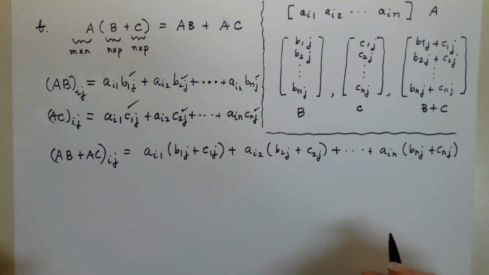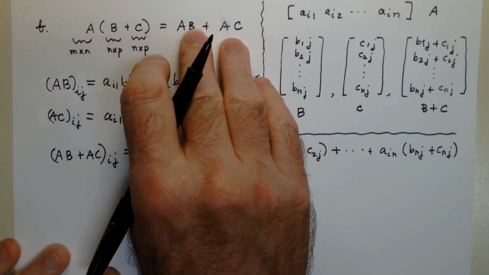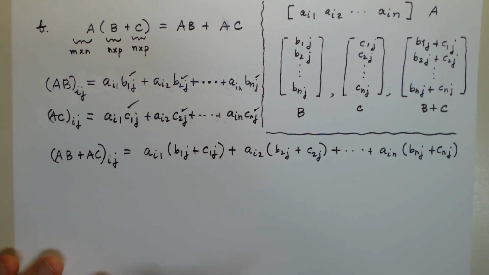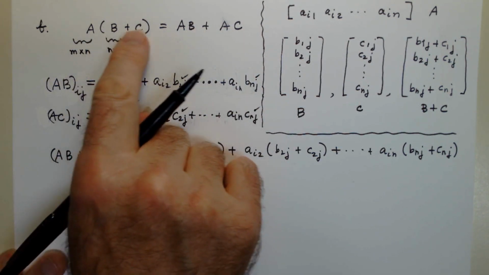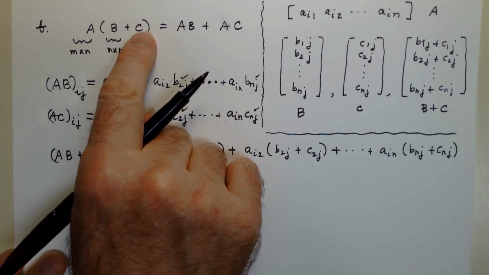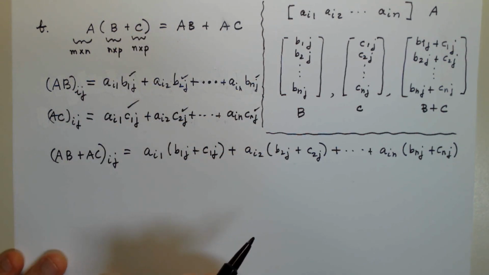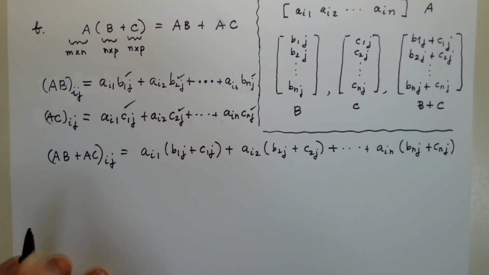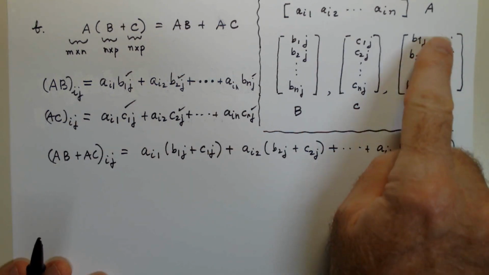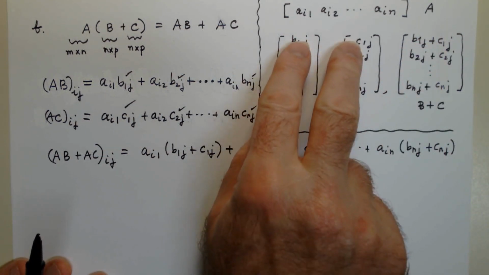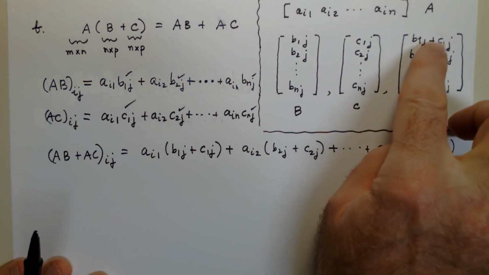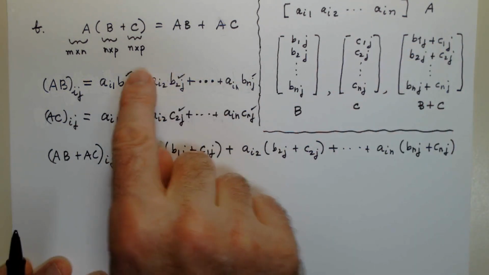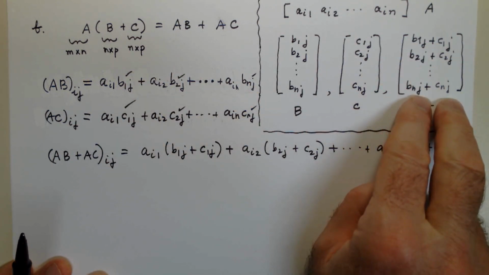Now, that's the right-hand side. Let's take a look at the left-hand side. When I add the matrices B and C together and I look at their jth column, it's just going to be the sum of these two columns. So the jth column of the matrix B plus C is going to be this.